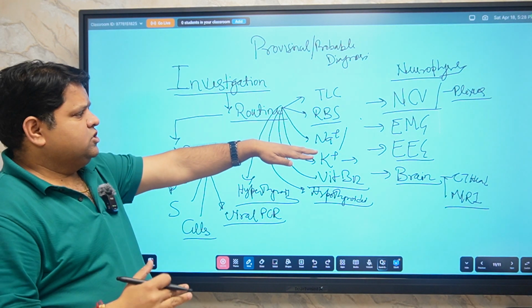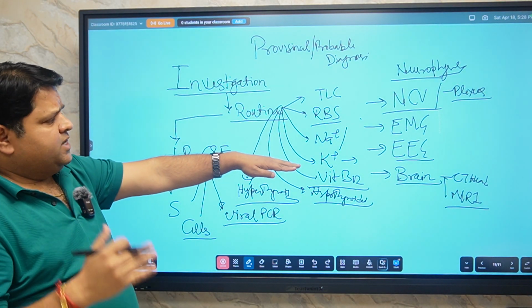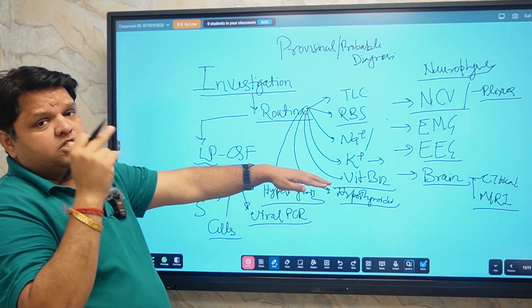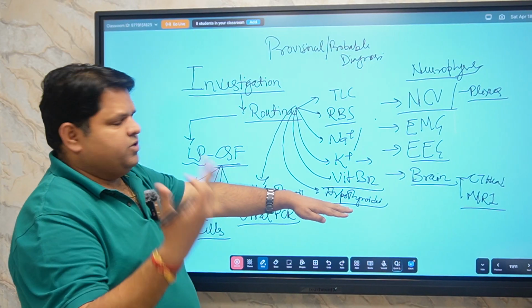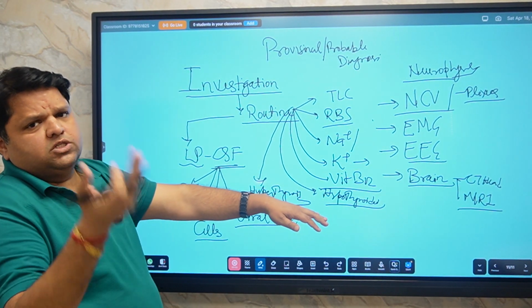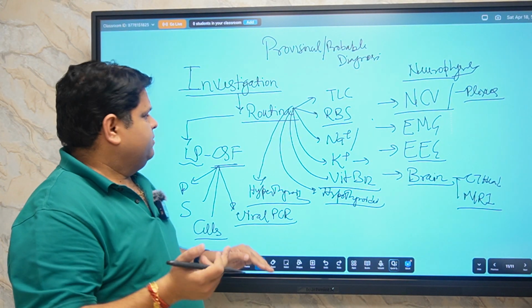Sodium: hyponatremia may cause loss of consciousness. Low potassium may cause quadriplegia like hypokalemic periodic paralysis. Vitamin B12 deficiency may cause neuropathy and memory decline. Hypothyroidism may cause neuropathy like carpal tunnel syndrome, compressive neuropathy, and dementia also. Hyperthyroidism may cause hyperthyroid-related periodic paralysis.